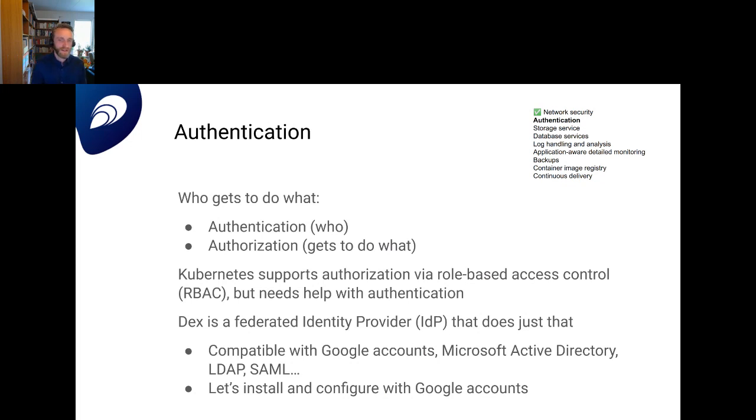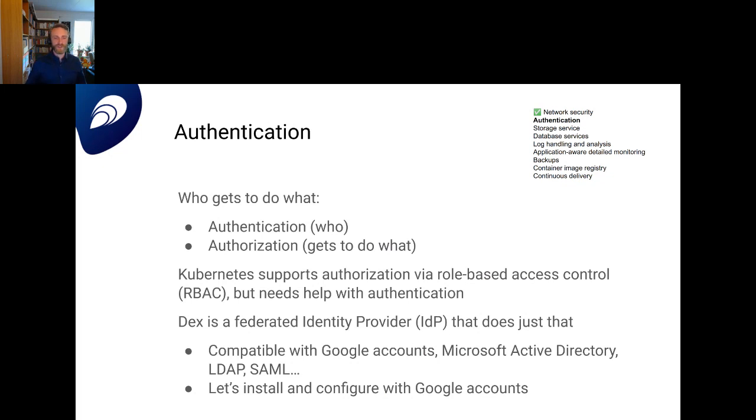It has role-based access control features, but it needs some help understanding who is actually trying to perform an action. And the way that I've done it here in this repo is that I've used something called DEX, which is a federated identity provider, and it's going to do just that for us.